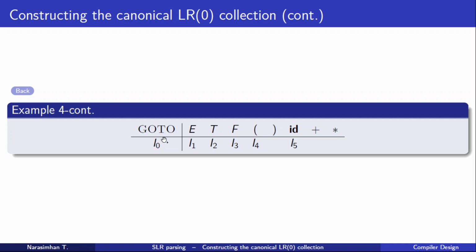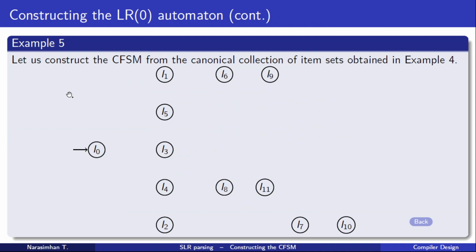So there will be transitions. From the state I0, if you read E, you should move to the state I1. From I0, if you read T, you should move to the state I2. From I0, if you read F, you should move to the state I3. Likewise, fill in the transitions.